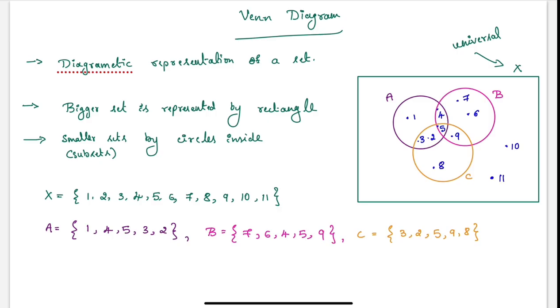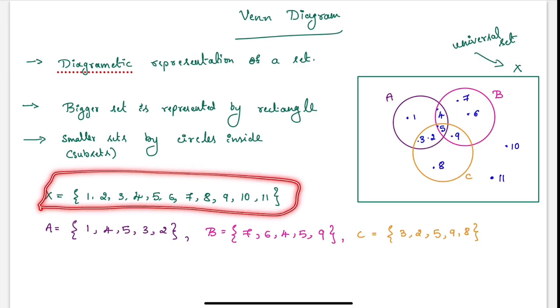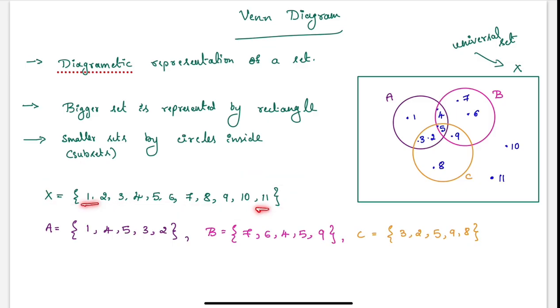is represented by a rectangle, and its subsets, or the smaller sets, are represented by circles inside it. Here I have considered a set which contains numbers from 1 to 11 and some of its subsets A, B, C. Now you can see A contains 1, 4, 5, 3, 2, which is represented inside a purple circle.